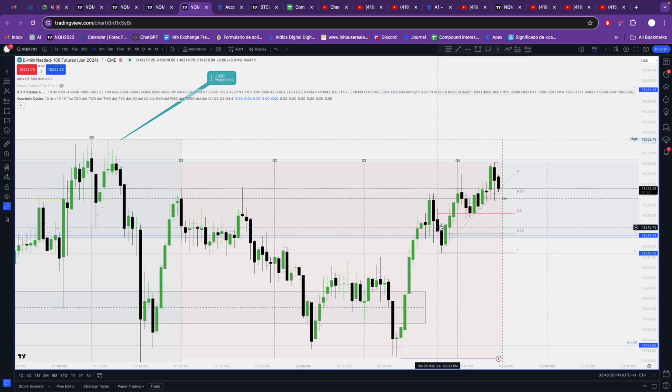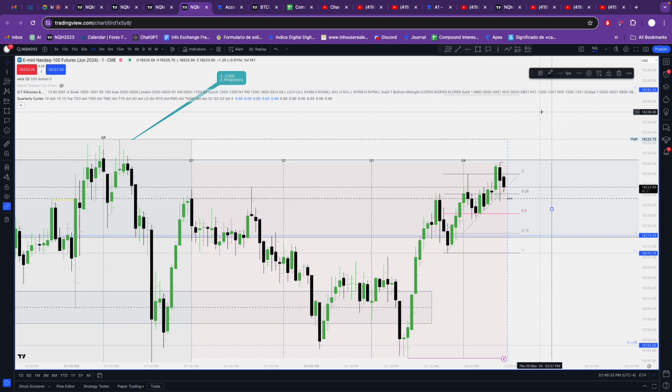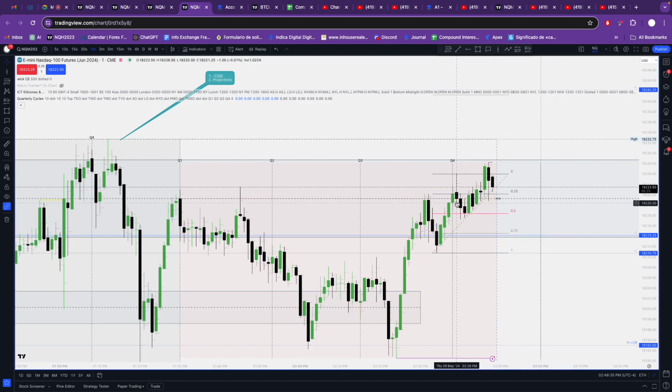So would this be like a weak market maker buy model? I mean, if we can base the strength of the buy model upon the level of displacement above previous highs, I think that might be valid.